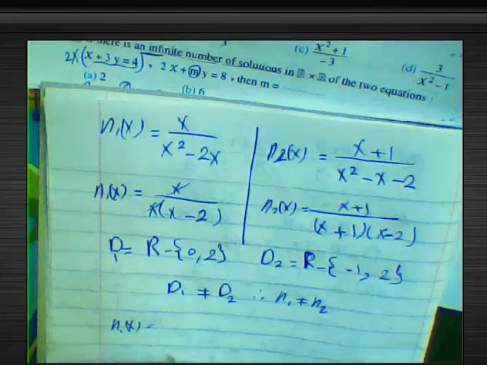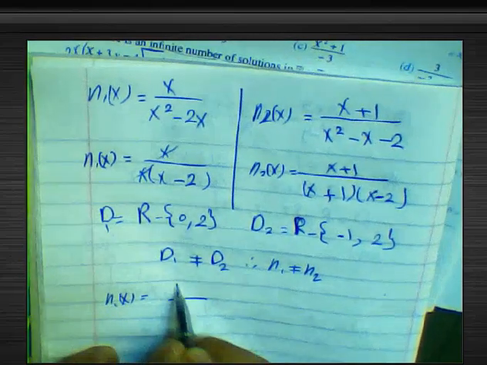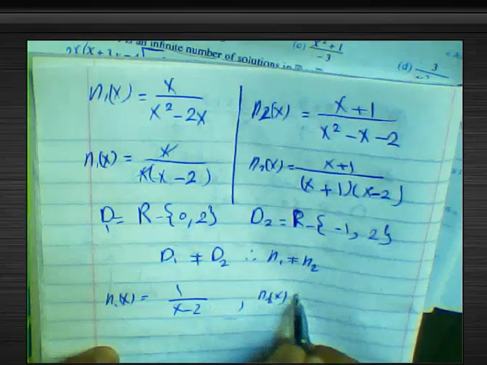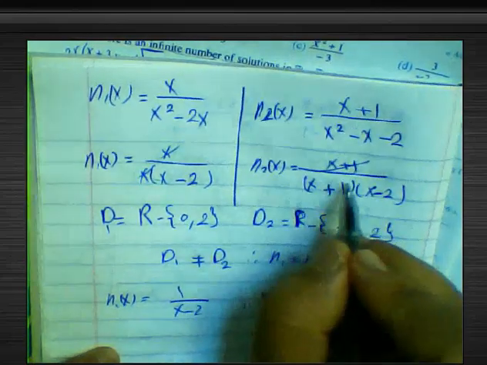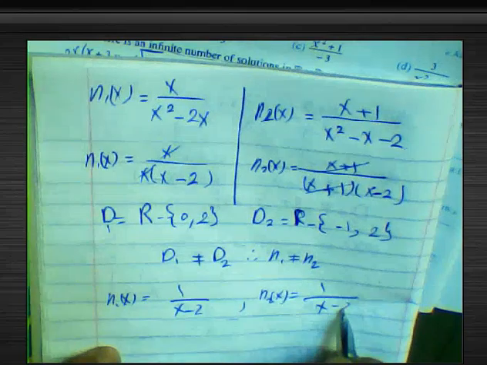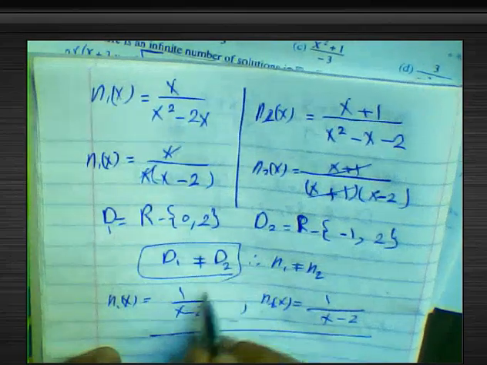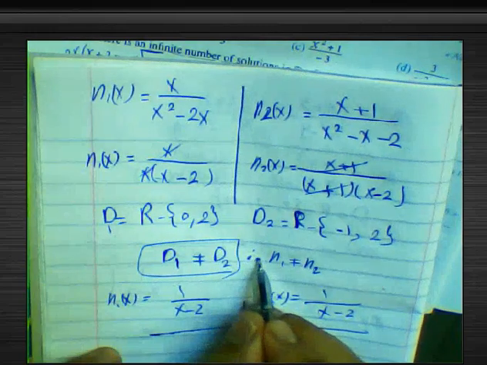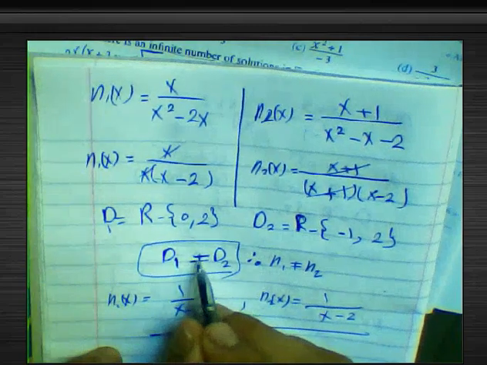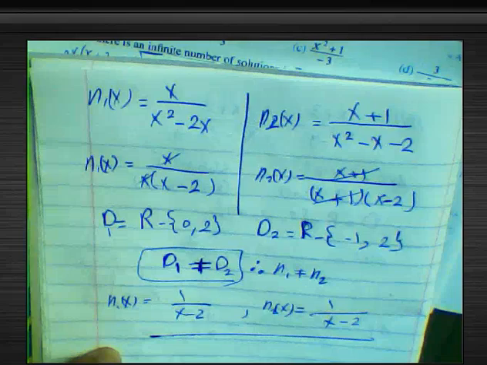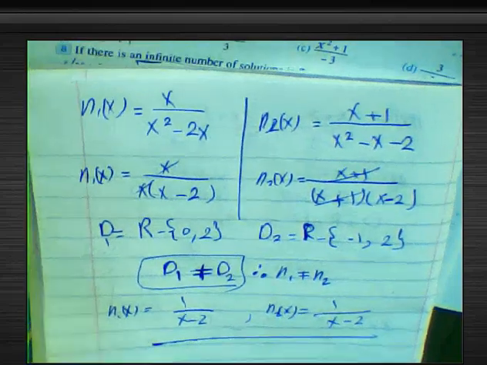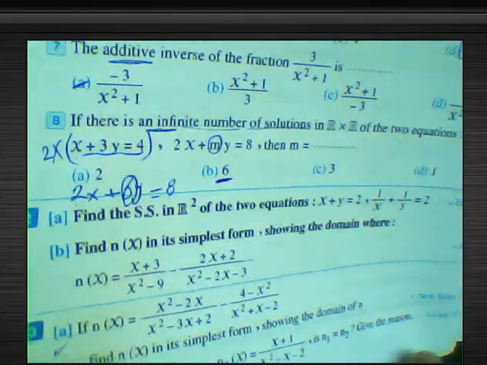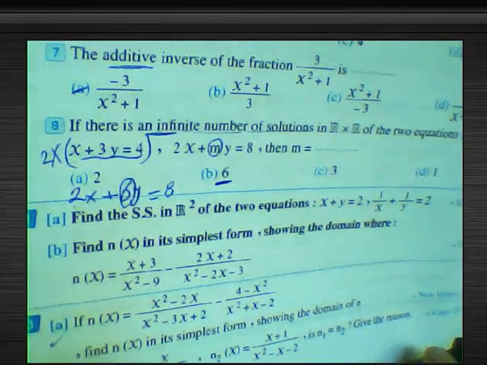Cancel x with x, so n1 of x equals 1 over x minus 2, and n2 of x, cancel, it will be 1 over x subtract 2, but domain 1 not equal domain 2, then n1 not equal n2. That's okay. We completed all the questions. Understood? Okay, goodbye.